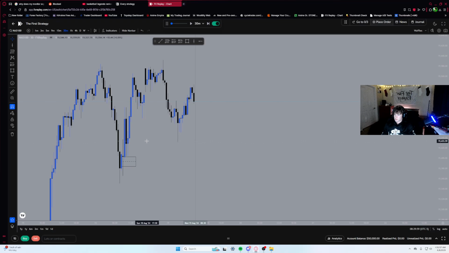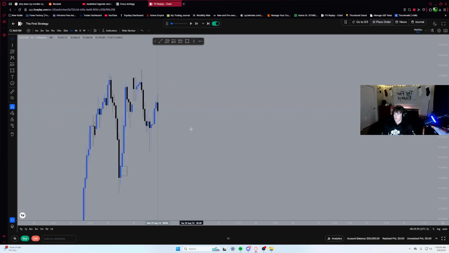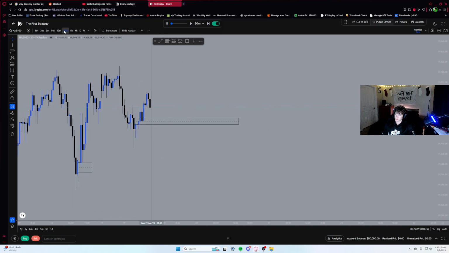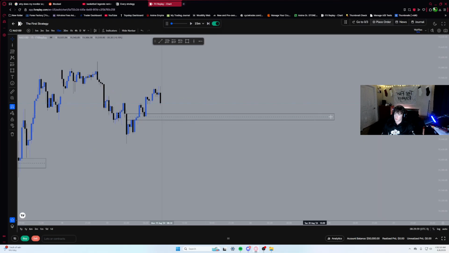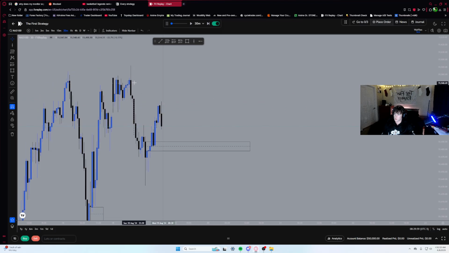Sounds good. This candle swept liquidity. We'll look for a reaction off of that. 15 minute. Oh, gotta look for the bearish signals too. This candle swept liquidity.